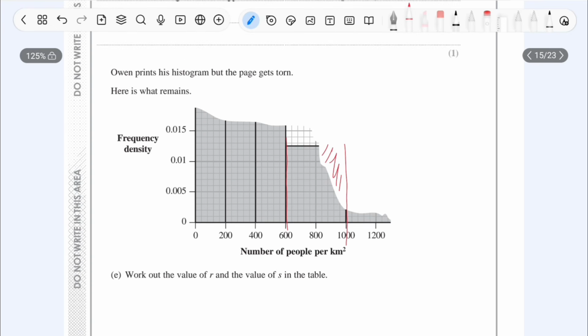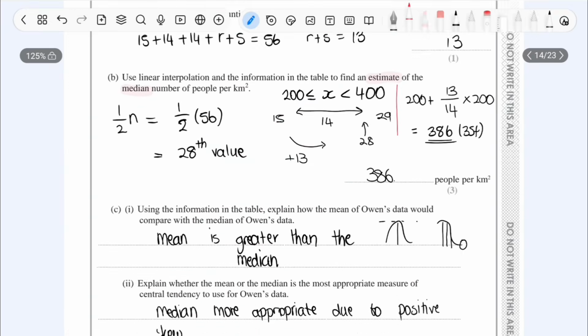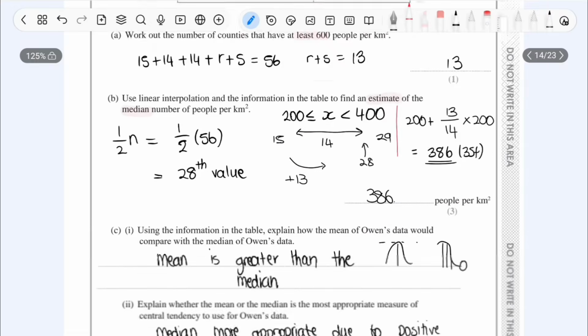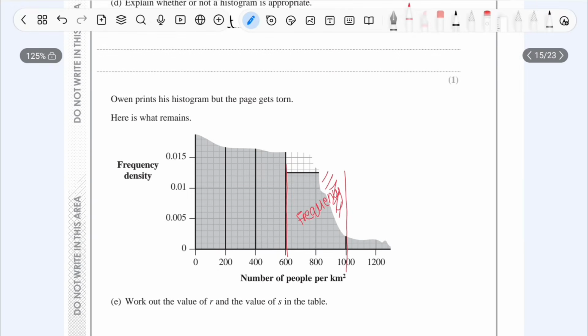Now, this brings us on to what the frequency density actually is, and the area in here is basically the frequency. So we can find the frequency, which is what we're trying to find here, the number of counties, by just using our formula. Now, the frequency is equal to the density multiplied by the class width.